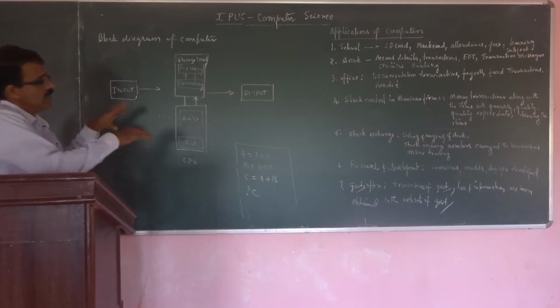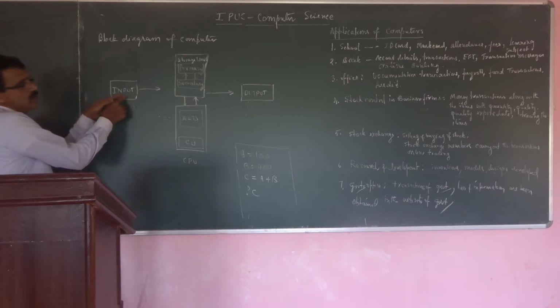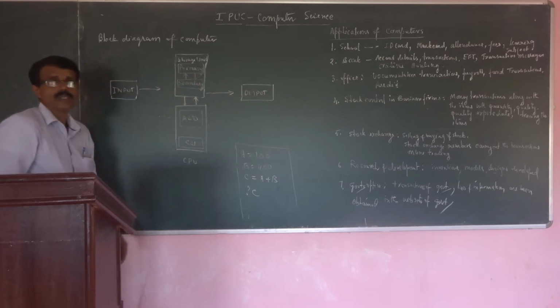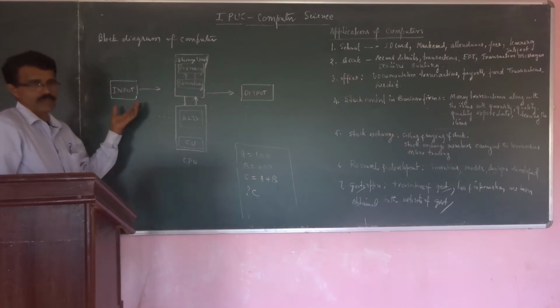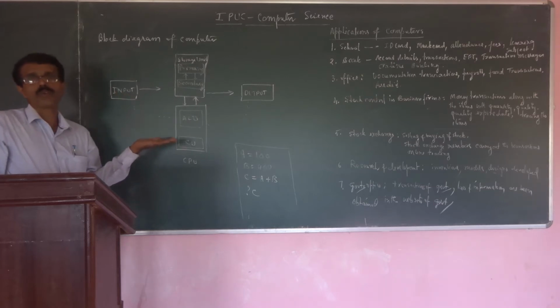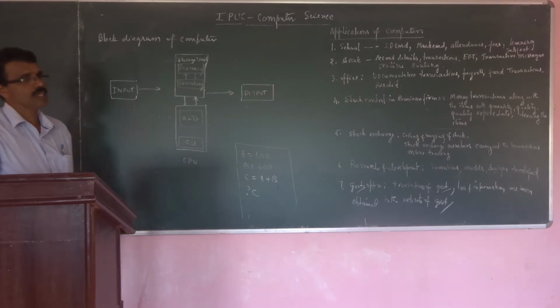See, here diagrammatically given: input, CPU and output. Any input device is chosen based on the environment. For example, if you need to furnish text type of inputs into the system, the keyboard is sufficient.